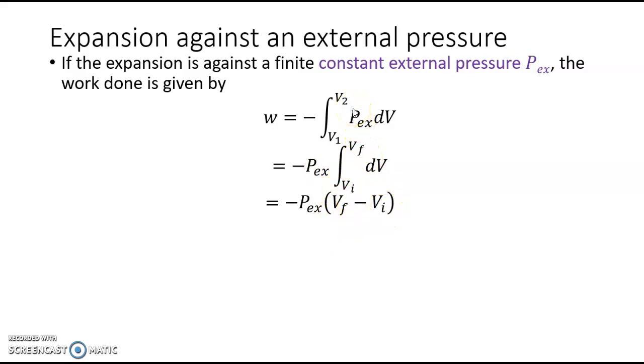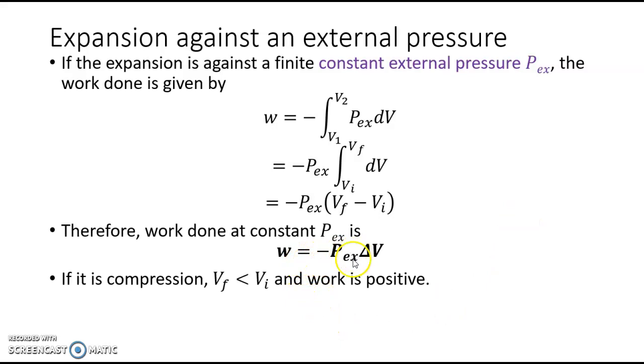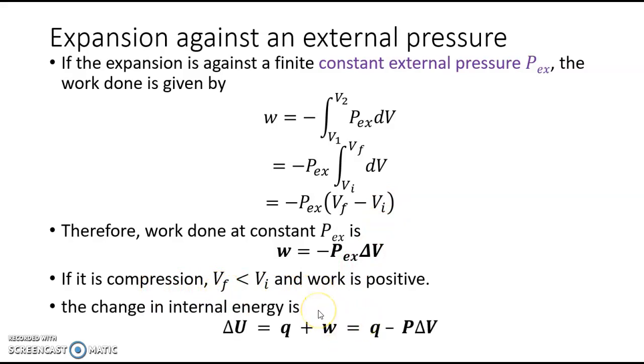I apologize, V1 is V initial, and Vf is V final. So the work is just minus P external delta V, where delta V is the change in volume, Vf minus Vi.